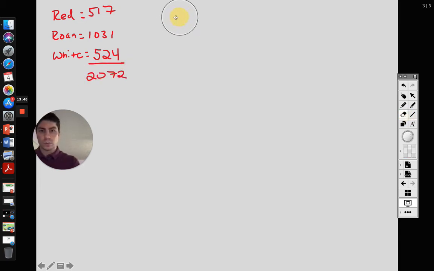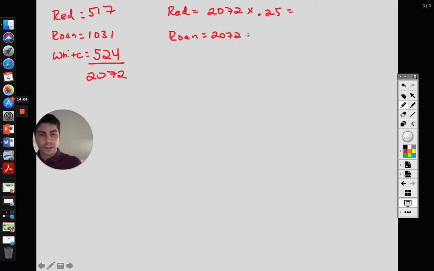Now what we got to figure out is what our expected should be. For red, we know it was 25%, so we have our total times 0.25. For our roan, that was 50%. And for our white, it was 25% again.